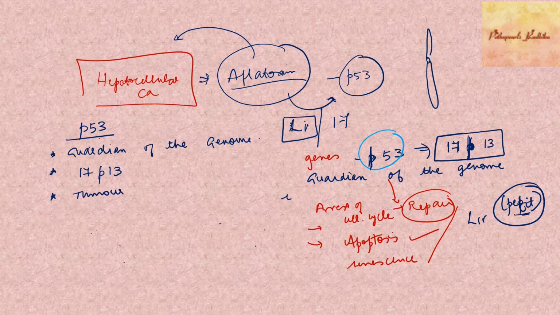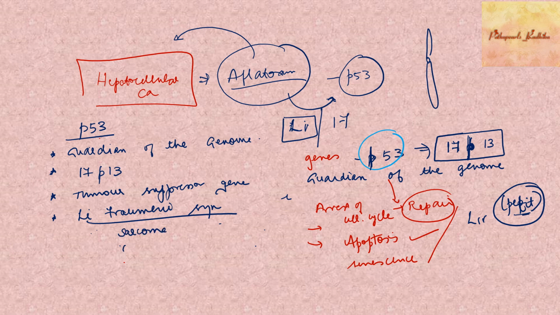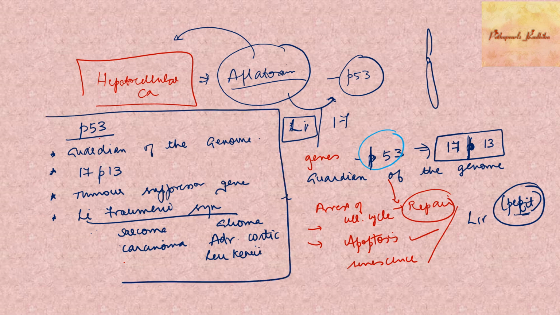It's actually a tumor suppressor gene. If you have mutations in p53, you can get a syndrome called Li-Fraumeni syndrome. Patients are at increased risk of developing carcinoma, sarcoma, glioma, adrenal cortical tumors, and hematological malignancies like leukemias. These are the important take-home messages about the p53 gene.